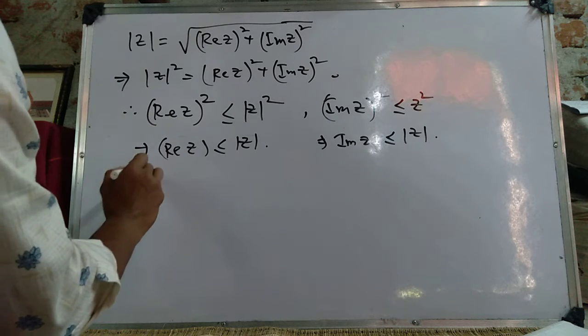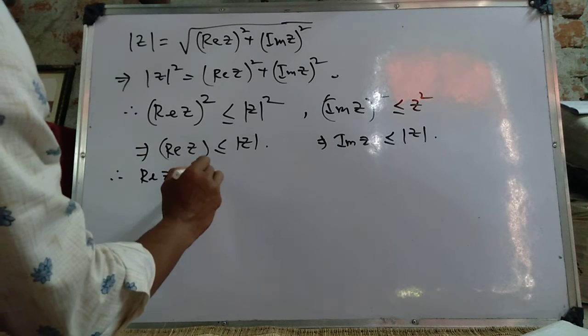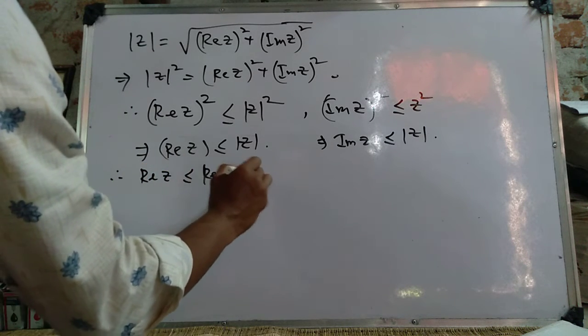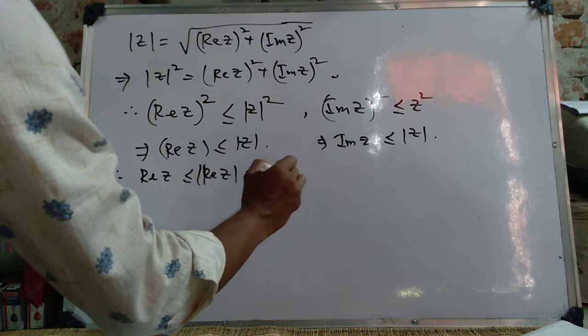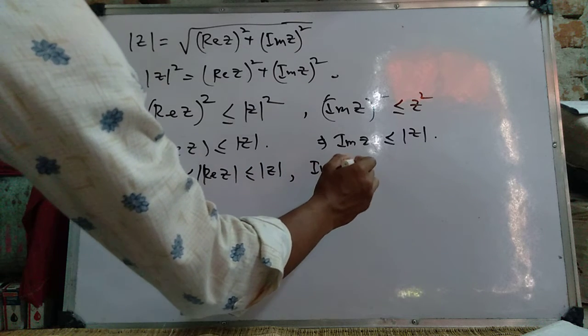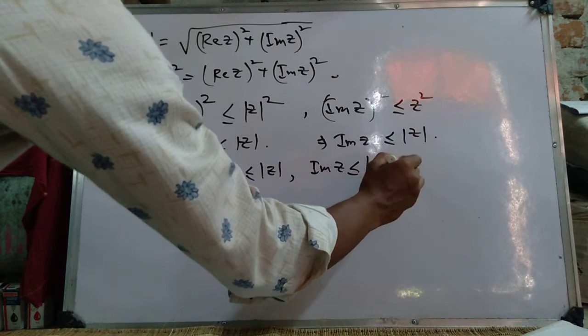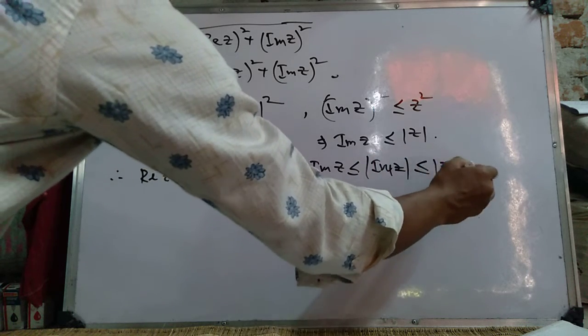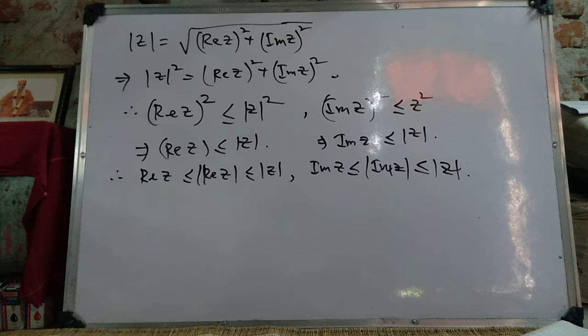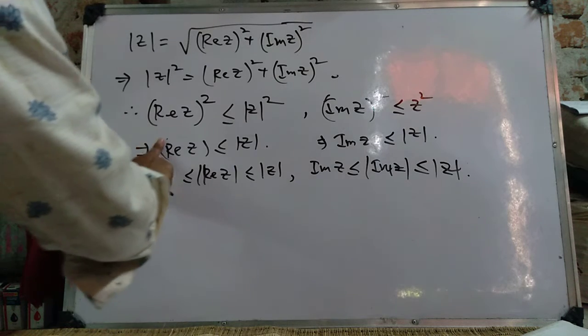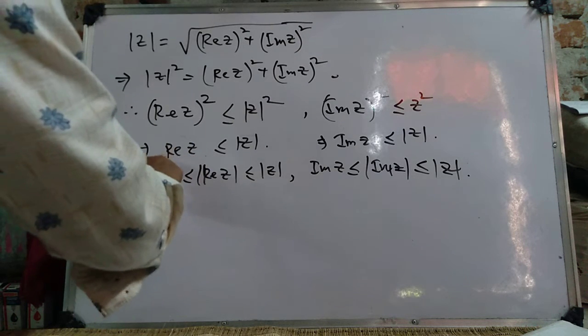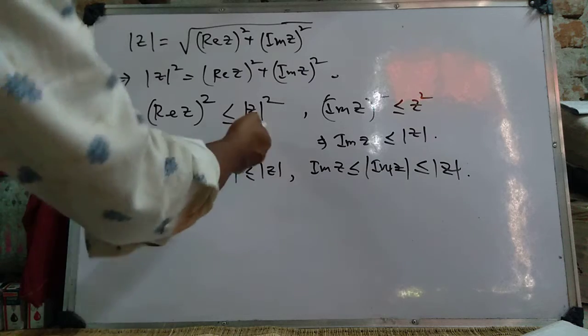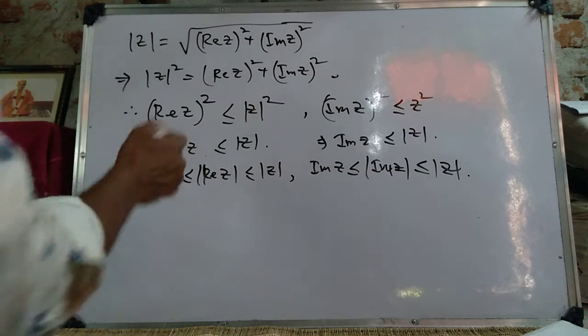So we talk about it in this way: real z is less than or equal to the modulus of real z, which is less than or equal to mod z, and obviously imaginary z is less than or equal to the modulus of imaginary z, which is less than or equal to mod z. We did not write it wrong, this one is right, but a better way is this one.